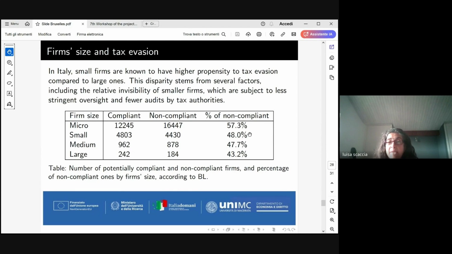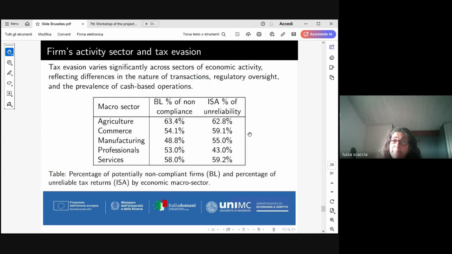So it seems that the methodology proposed is able to reflect this particular pattern of tax evasion in Italy.